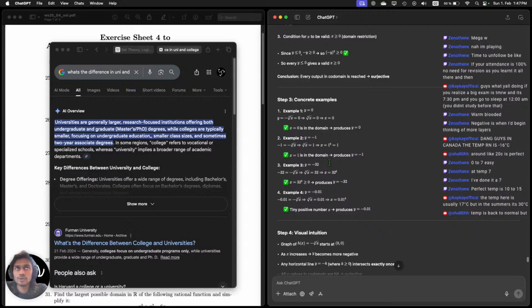So here the surjective is... I don't know.